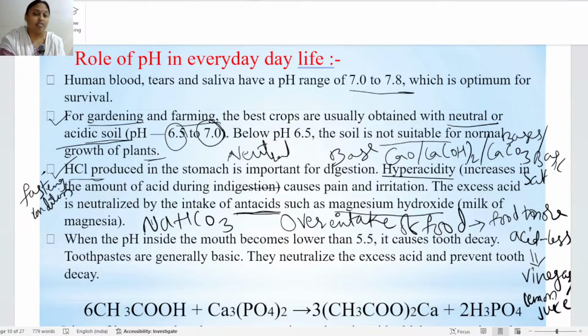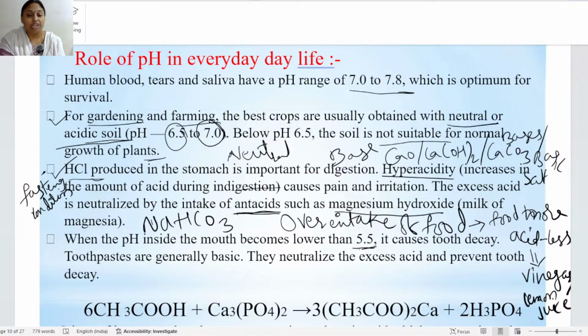And next, when it comes to the pH inside the mouth, generally before taking the food, the pH of the mouth is basic. But after taking the food, the pH drops down to acidic. So it leads to tooth decay. How does it happen? When it comes to the tooth, in the tooth enamel we have calcium phosphate as one of the products.